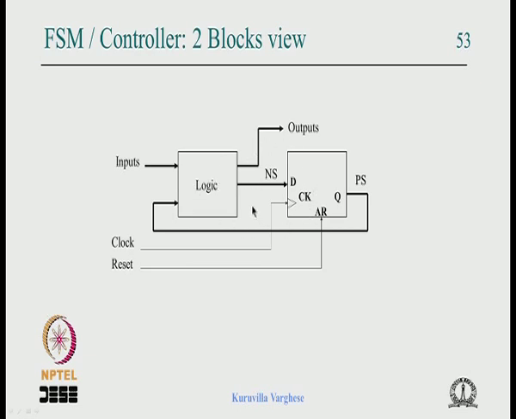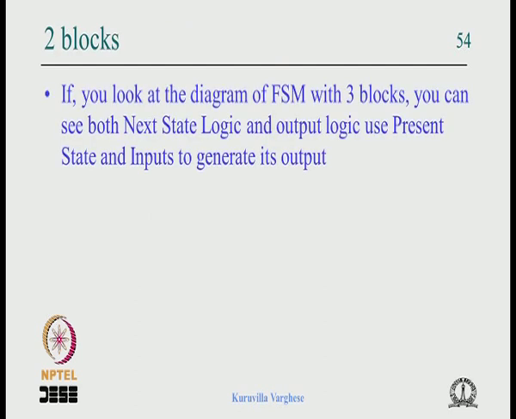This is also useful for analysis and coding and all that, so both should be kept in view. Some textbooks show the earlier view, some show this view, it does not matter. The understanding is important, and keeping these pictures in mind will help to sort out issues, analyze and so on.